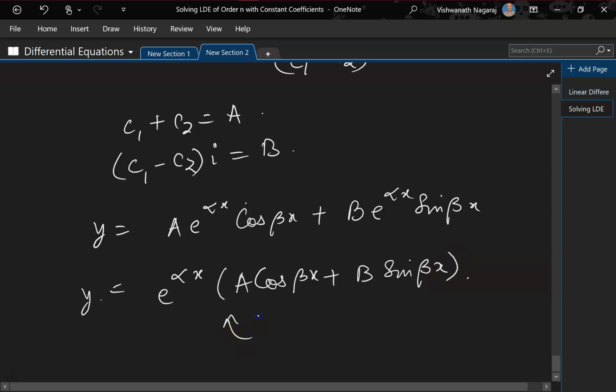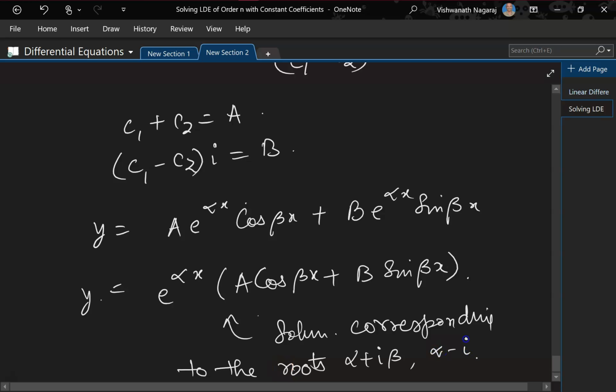So this is the solution corresponding to the roots alpha plus i beta and alpha minus i beta.